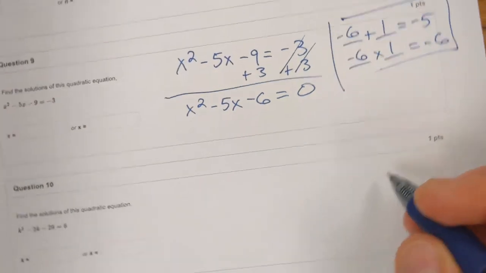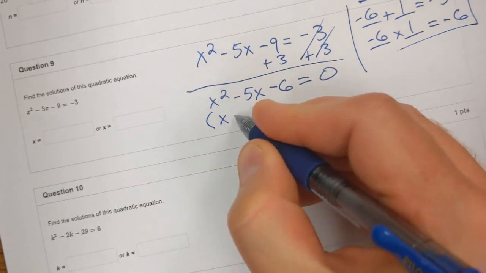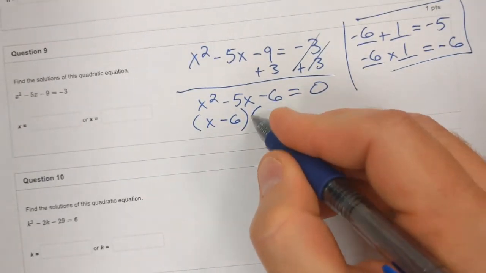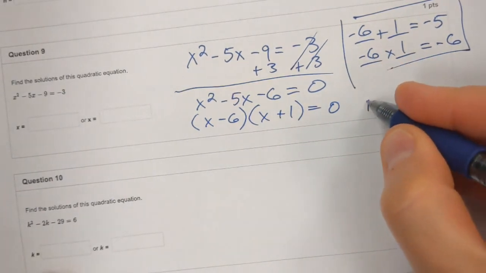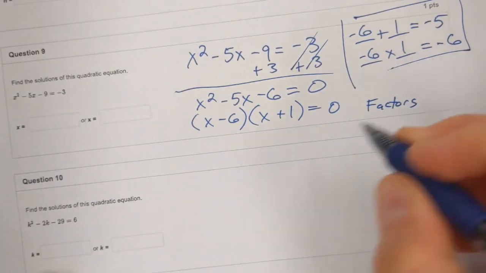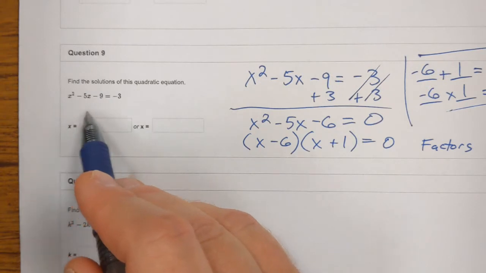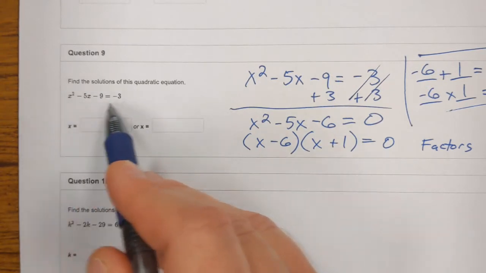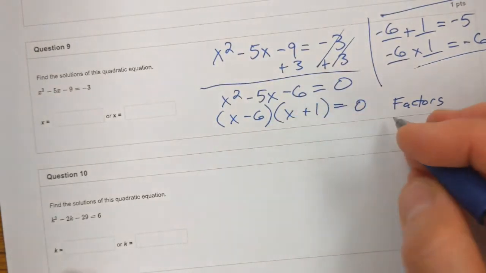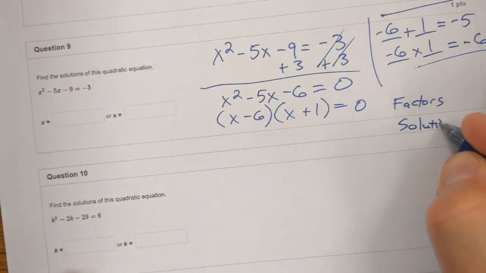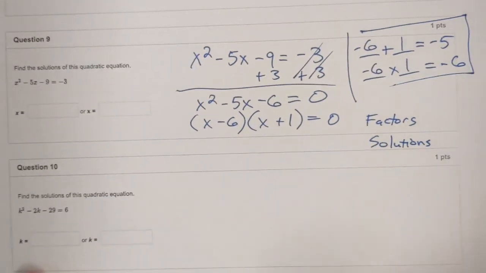Now remember, these are called my factors. So my factors would be x minus 6 and x plus 1. Here you didn't even need to write the factors. Usually I made you write down the factors. Here you do not have to, but know that these are called the factors. So then my solutions are just the opposites of that.